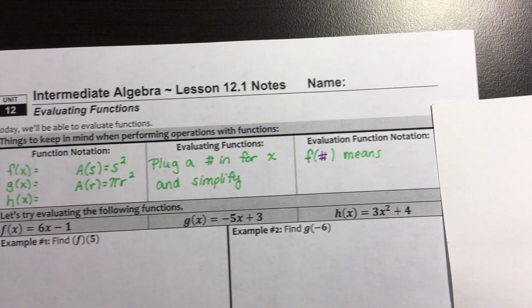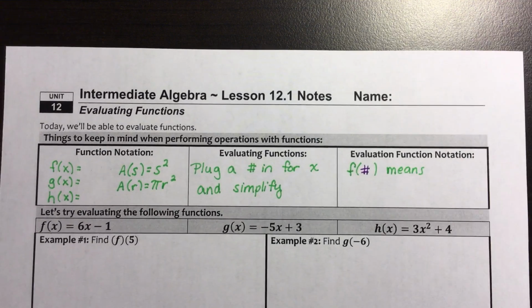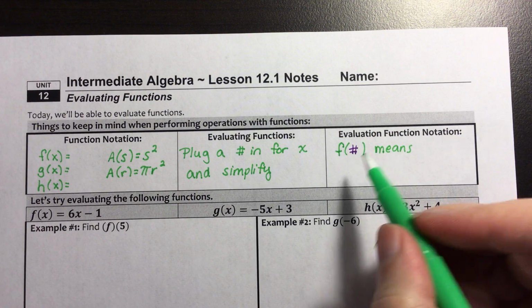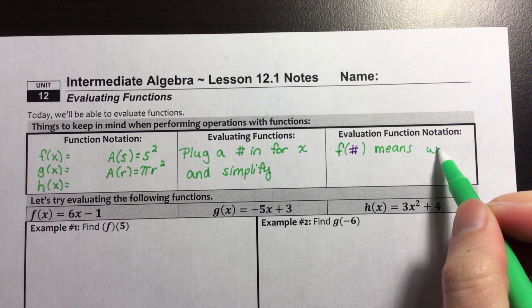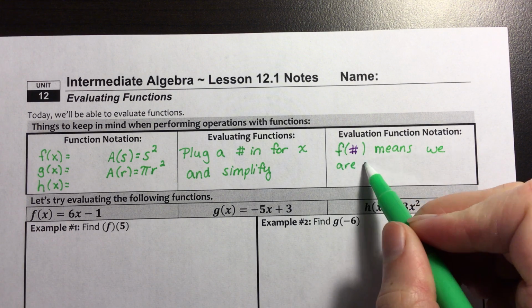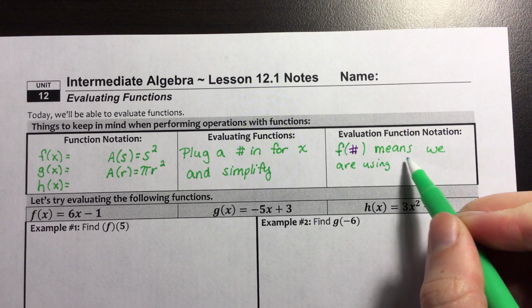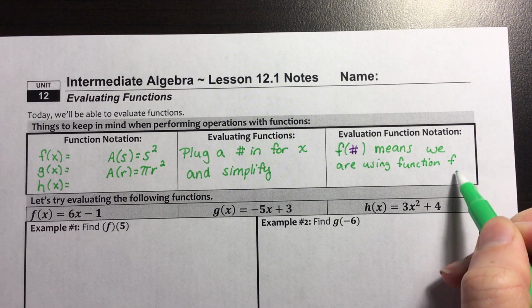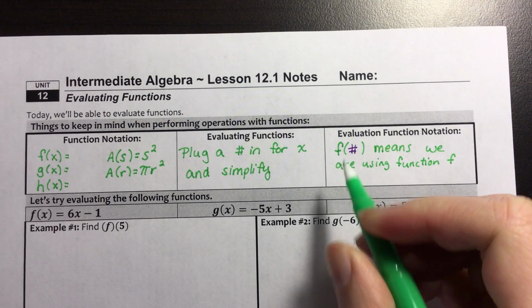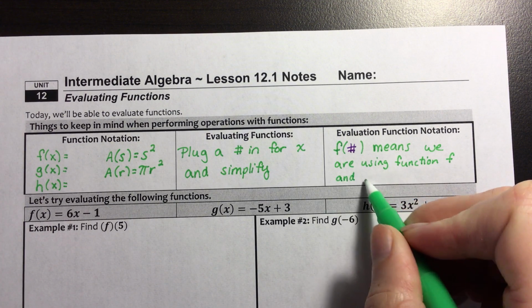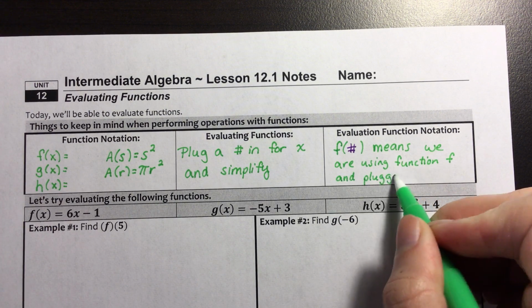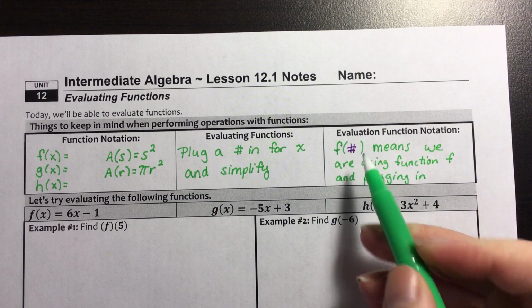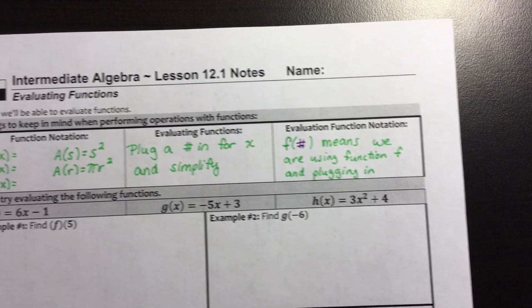Last thing on here, f of a number means we are using the function f. So it helps you choose which function you're talking about, and plugging in whatever that number is.